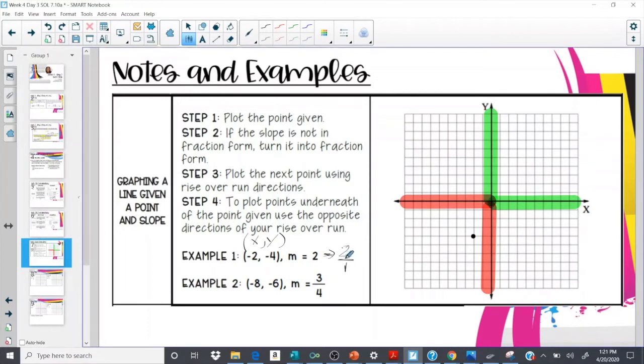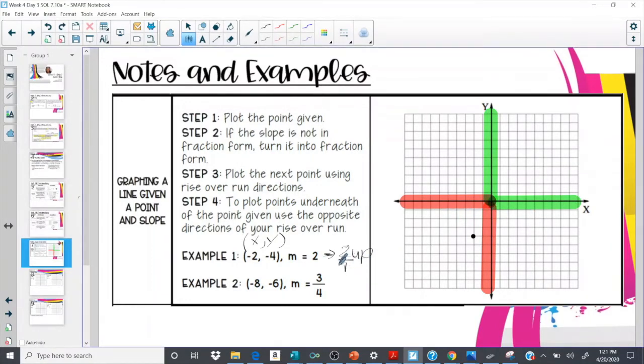So the 2 in the numerator represents your change in y. If you're on the y-axis and your number is positive, this is a positive 2, that means you will go up. So your first direction will be 2 up. And then the denominator represents the change in x, along the x-axis, right?